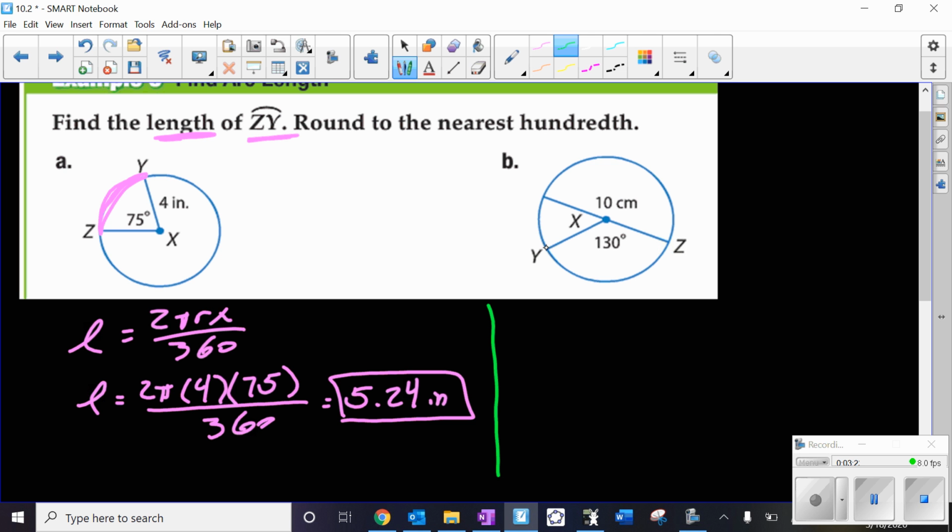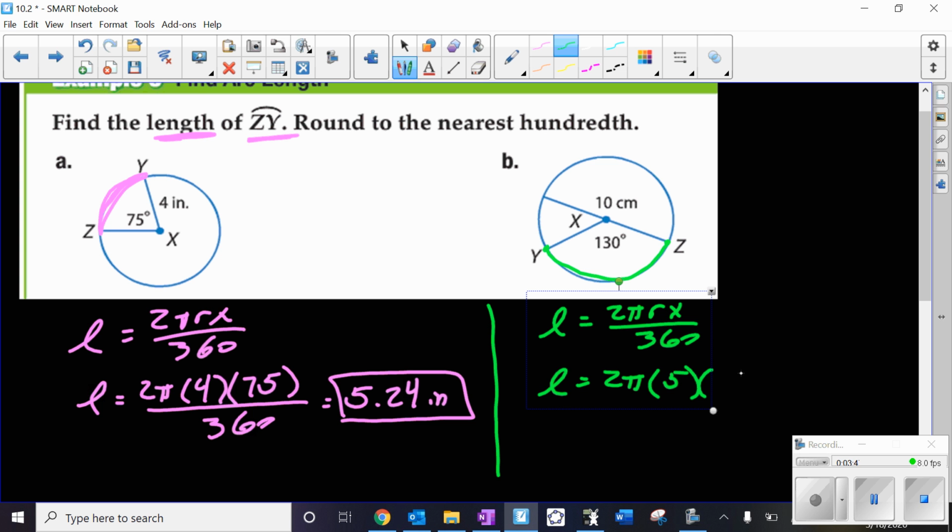Letter B, I still want to find the length of YZ. Still going to use L equals 2 pi r x over 360. So L equals 2 pi, my radius. This time they tell me my diameter is 10, so I want to use a radius of 5.